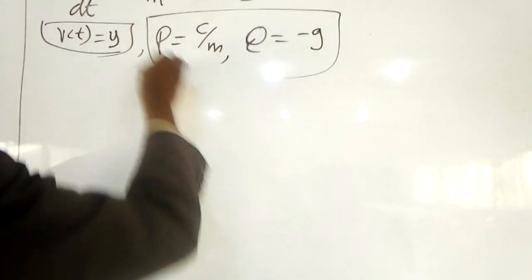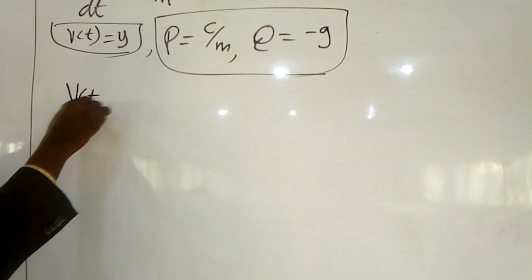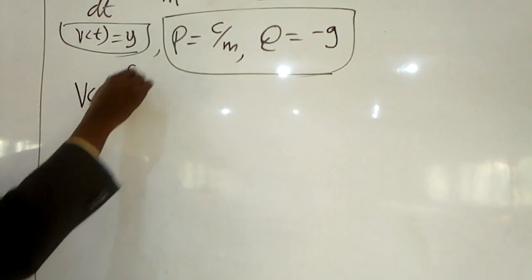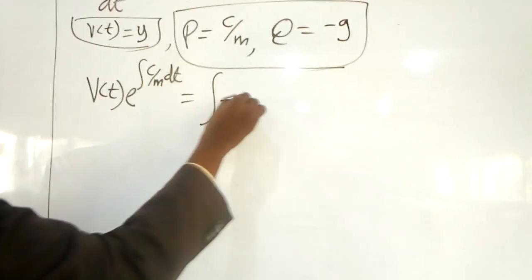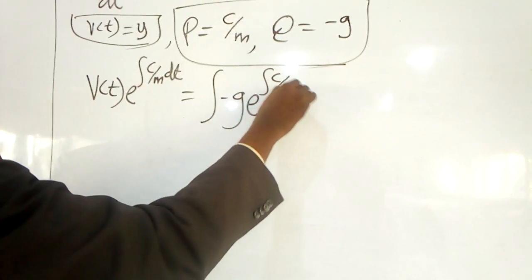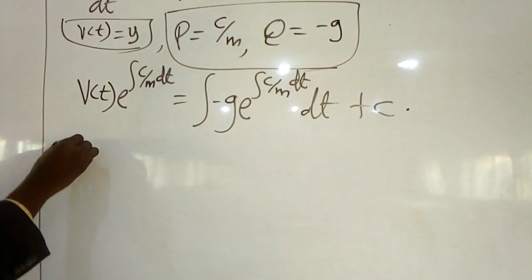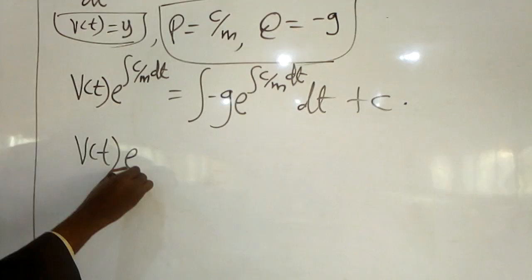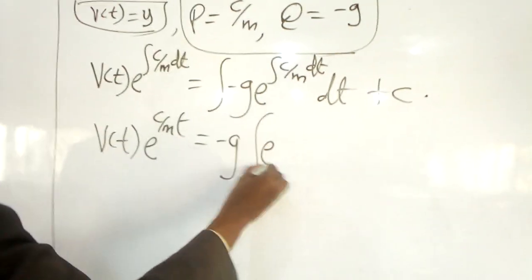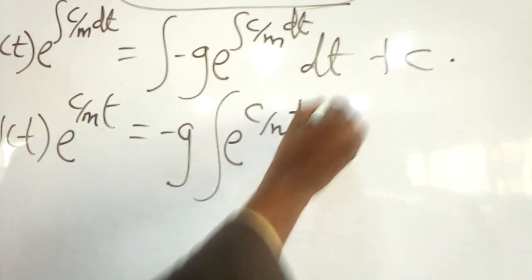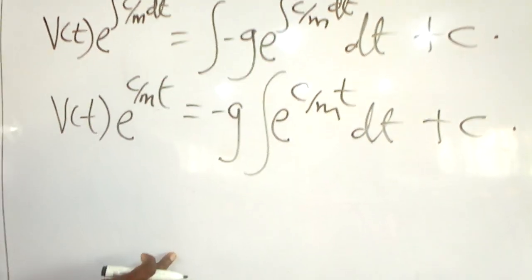When this culminates into a model, it gives us v as function of t exponential integral c over m dt is equal to integral q, which is minus g, exponential integral c over m dt, dt plus arbitrary constant c. So this gives us v as function of t exponential c over m t is equal to minus g, which is constant, integral exponential c over m t dt plus arbitrary c, when this is integrated and this is integrated.